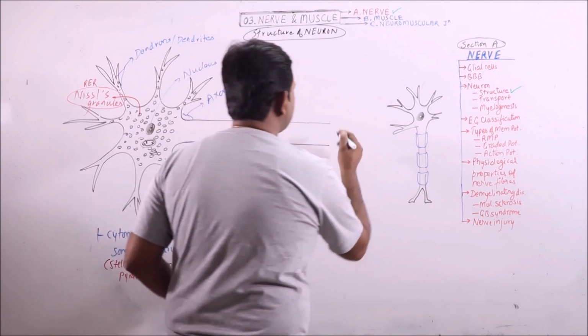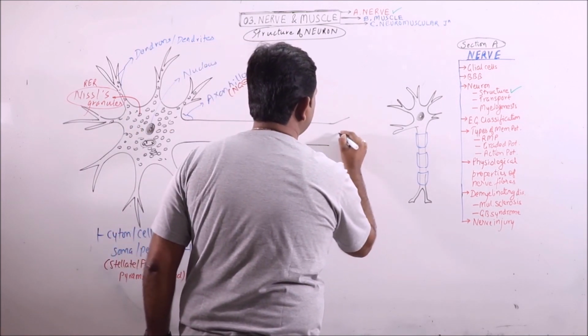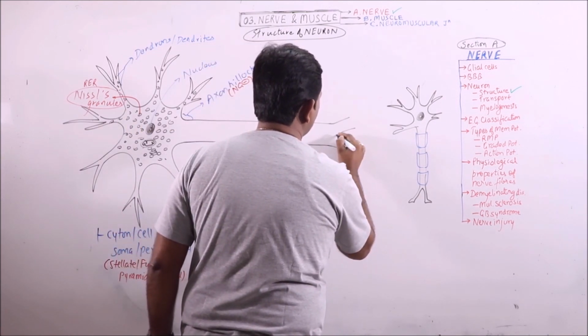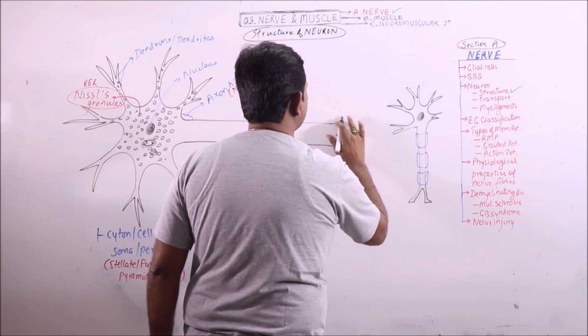Then this axon is dividing into smaller branches.